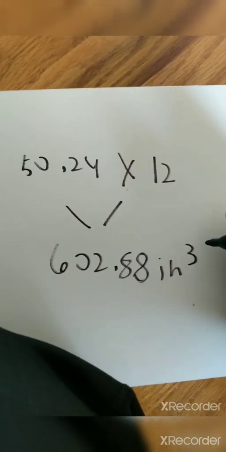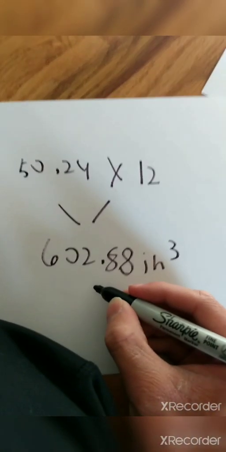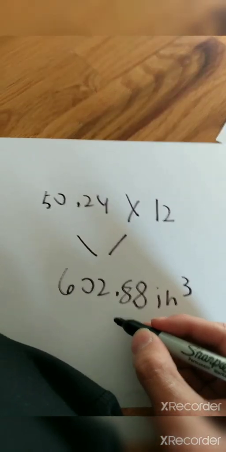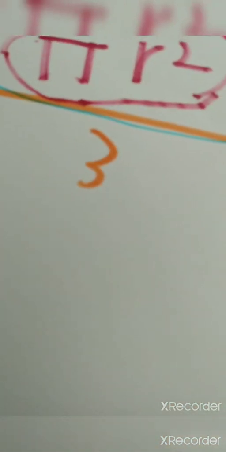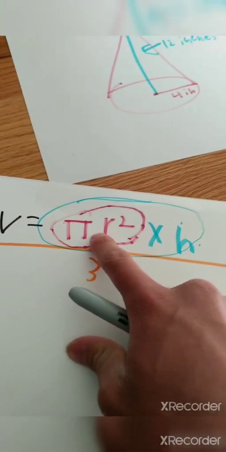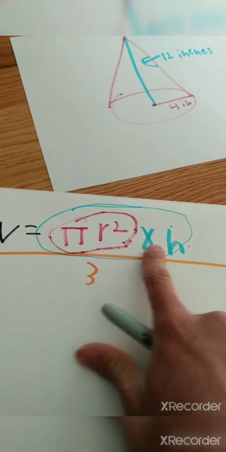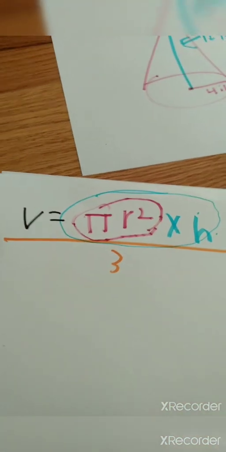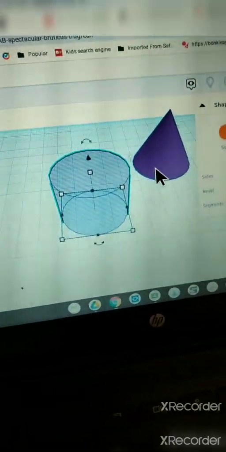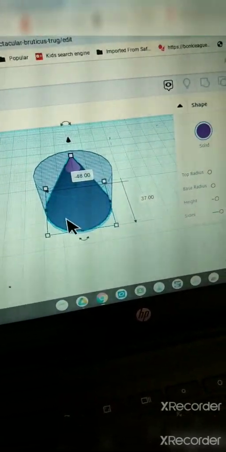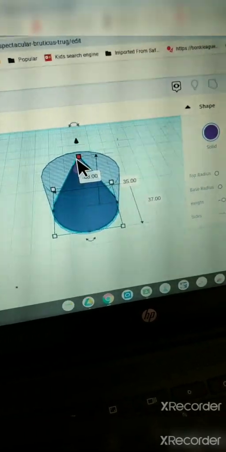The reason it's cubed is because a cylinder is a 3D shape, and that's how much it can hold. But wait, we are not done yet, because our last step is to divide by 3. We found the circle, then we found the cylinder, and our last step is to divide by 3. Remember, a cone is 1/3 of the total volume of a cylinder.